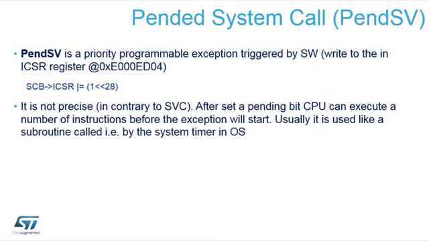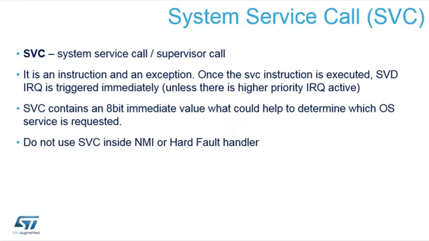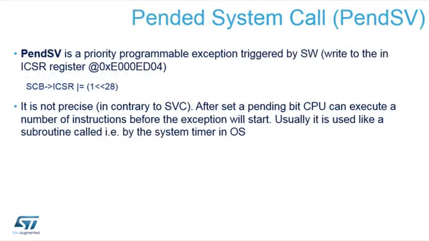One thing, the pendable system call doesn't execute immediately, but only when all higher priority interrupts are finished. The system service call instruction is executed immediately, while the pendable system call is pendable, so it means it can wait.